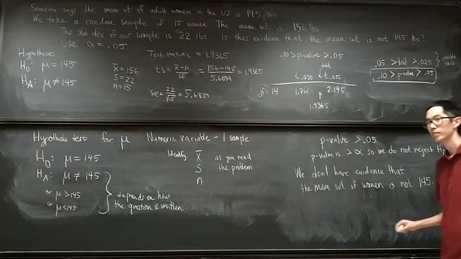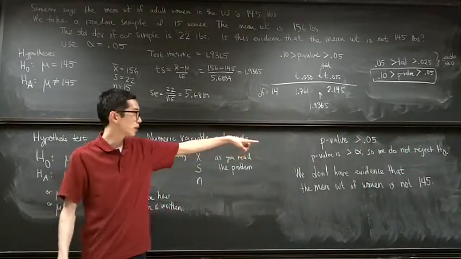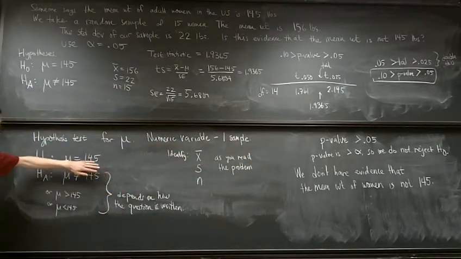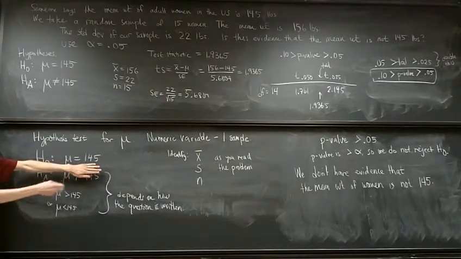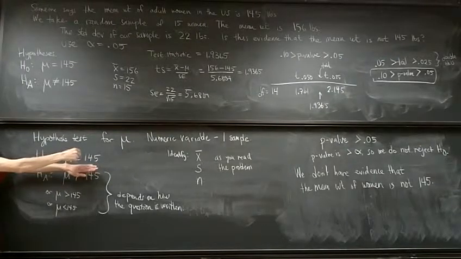Because that's what our null hypothesis states. So we did not reject the null hypothesis. So we are saying this is a possibility. We don't have enough evidence to rule out this possibility.